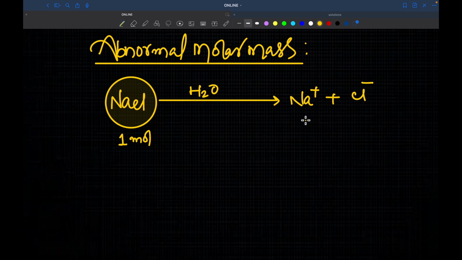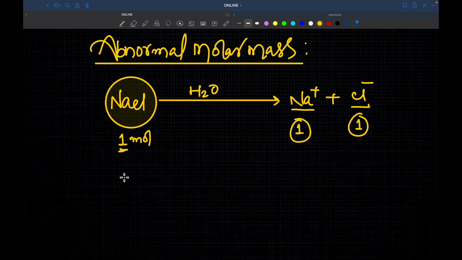So here the count is 1, but here the count is 2. If one molecule dissociates into 2 tiny particles, then the molar mass calculated using a colligative property gives you an error. So that is not going to be correct.